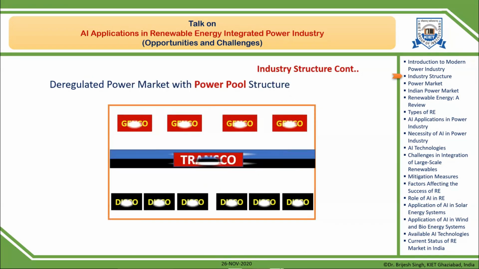So a power pool kind of concept started, and in this you can see there is one central transmission corporation like Power Grid, and all the generation and distribution corporations are connected with the transmission corporation. So the power will be exchanged through this transmission corporation from the gencos to the discos, but the financial contracts can be made not only between the generation corporation and transmission corporation, or transmission or distribution.